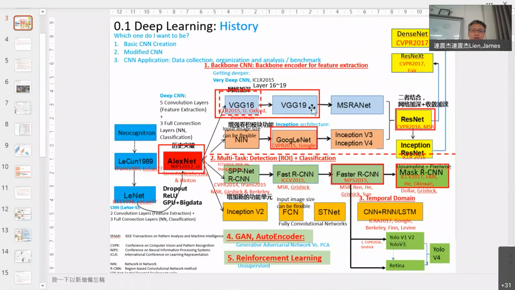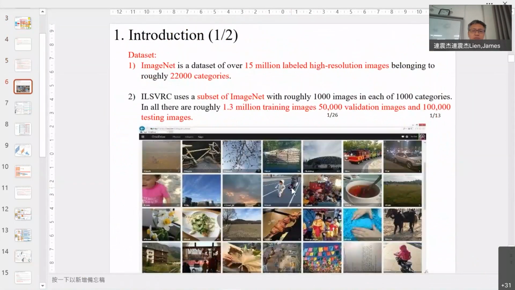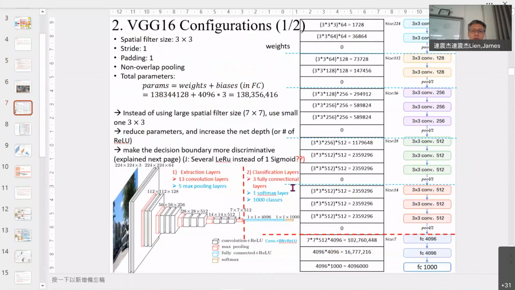Okay, so we talk about this one, VGG. In page 7, this is VGG, so many people use this one. When you see this, you can see this is actually VGG 16.